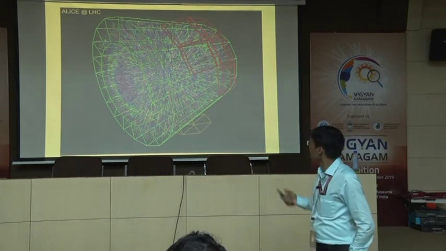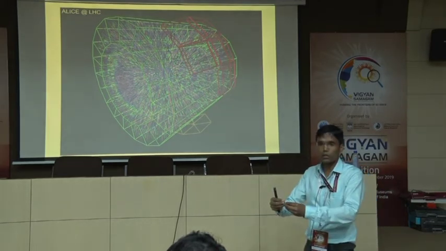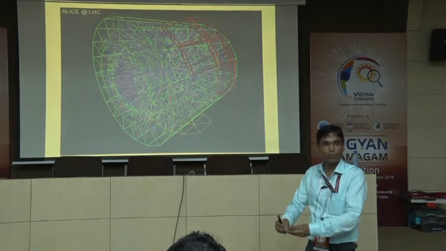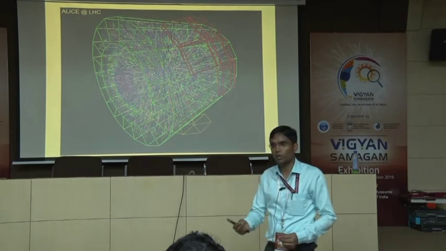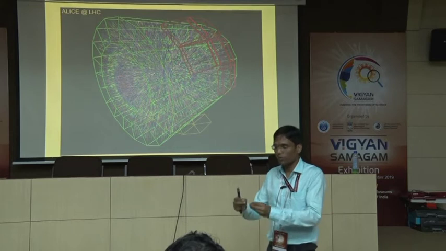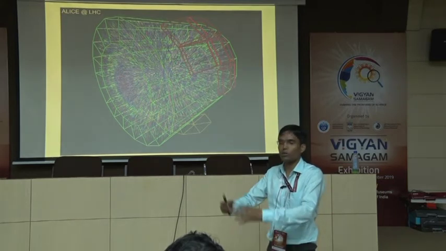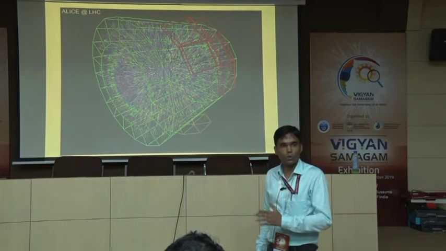Now, in the collision what happens? The two nuclei collide and huge energy is dumped in a small volume, and a system called quark-gluon plasma is created for a very short time. Then from that a lot of particles are eventually created, and you are left with a lot of particles.